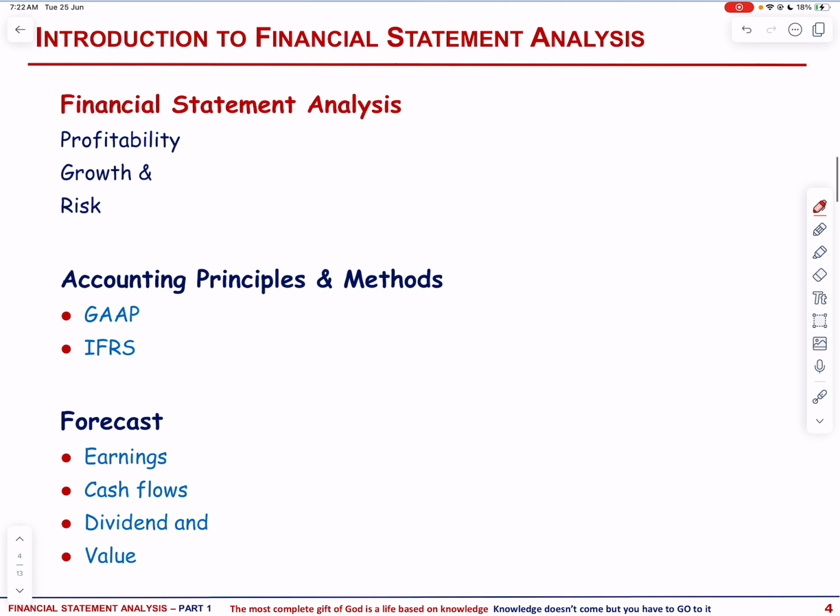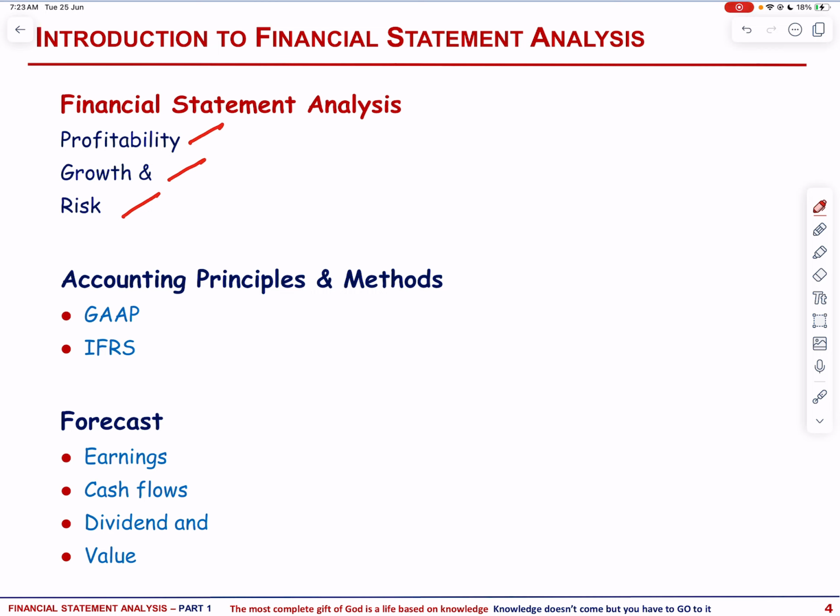Any investor will first analyze the economics of an industry and then decide the firm he should make an investment. For this, the investor will make the financial statement analysis of the firm in order to determine its future profitability, growth, and risk.